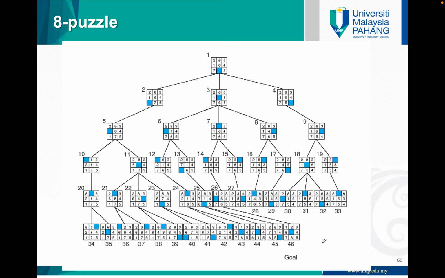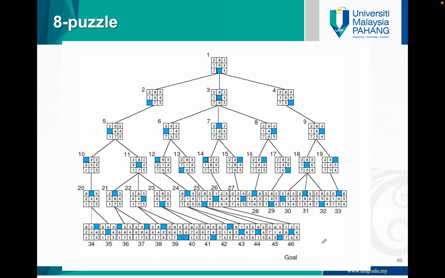From Arad, we have Zerind, Sibiu, and Timisoara. From Zerind, we have Oradea only, and then Arad again.